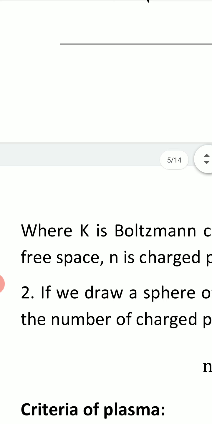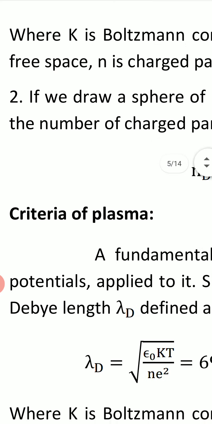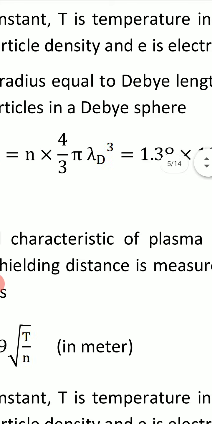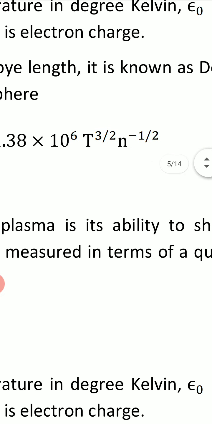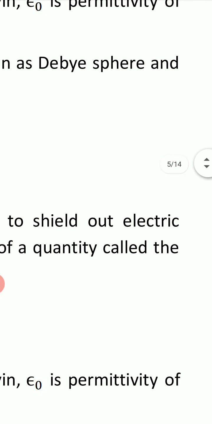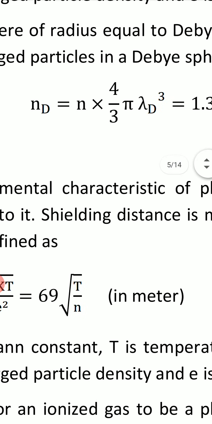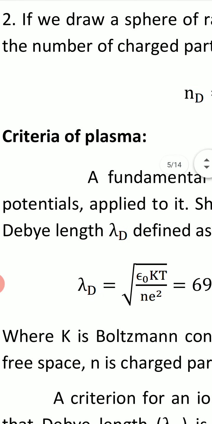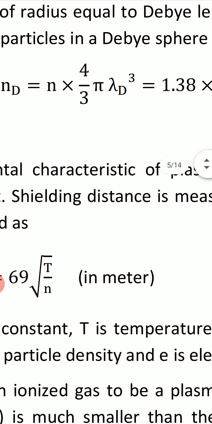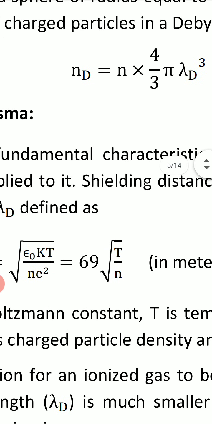Now if we draw a sphere of radius equal to Debye length, it is known as Debye sphere, and the number of charged particles in a Debye sphere is given by Nd.